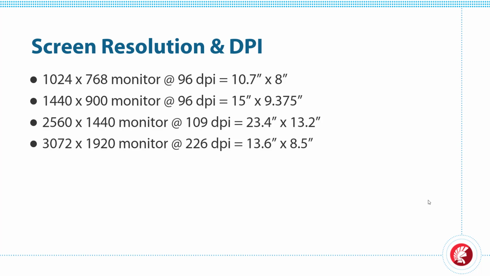I do that because I do iOS development with RAD Studio as well, and so having them both on the same machine is nice. But the dots per inch on my laptop, much like the Windows Surface tablets and so forth, is much higher than 96. It's 226. So there's the physical size of my laptop screen, but it's jam-packed with DPI. Well, dots per inch isn't the only story.